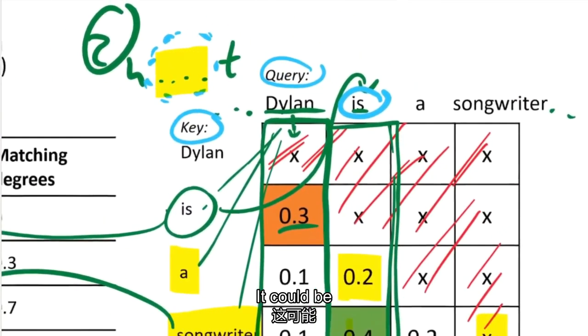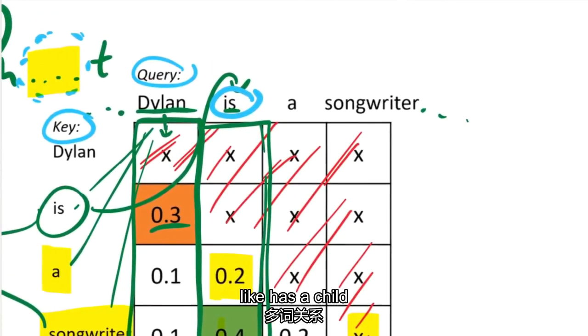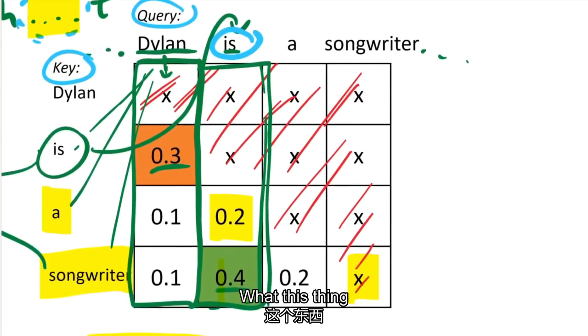It could be a multi-word relation, like "has a child with", or I don't know. Can't think of any multi-word relations, or whether we are done with the relation and go to the tail. What this thing is saying is that we should look at the language model.